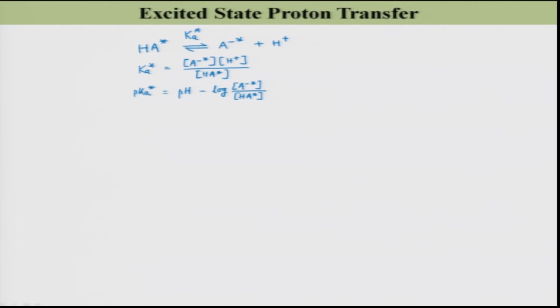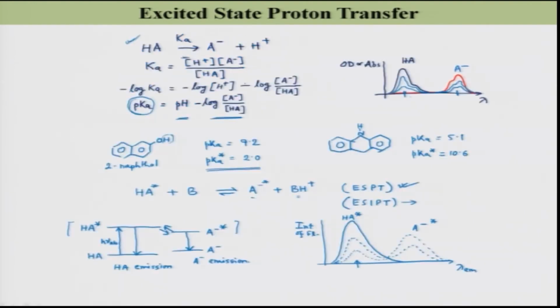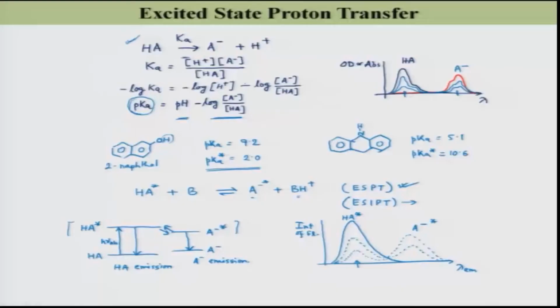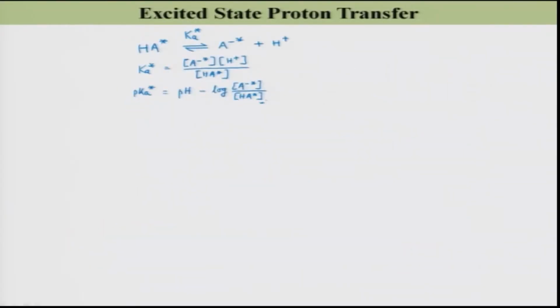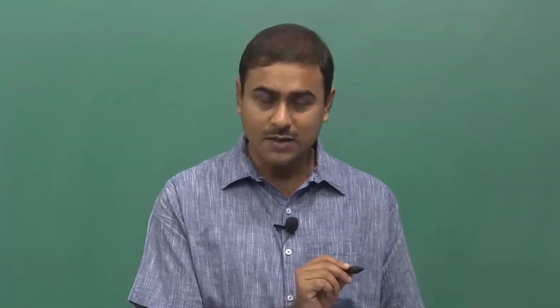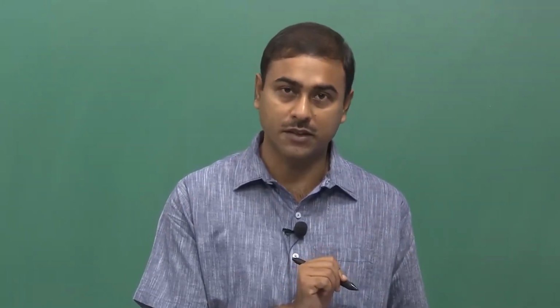Now, you can tell that I know this emission intensity, as I showed here, has to be related with the concentration. Concentration is more, emission intensity more. Concentration of A minus is less, emission intensity is less. So, I can immediately put this intensity ratio as the ratio I wrote over here, but there will be a problem, because fluorescence intensity depends on the concentration, but it also depends on its own radiative and non-radiative pathways.